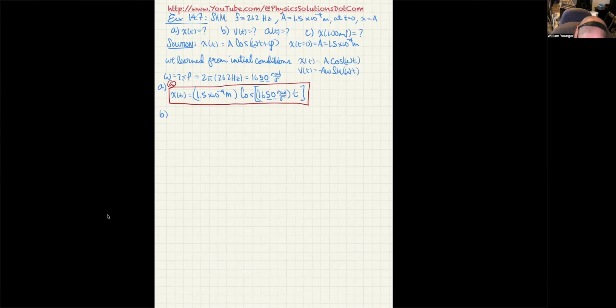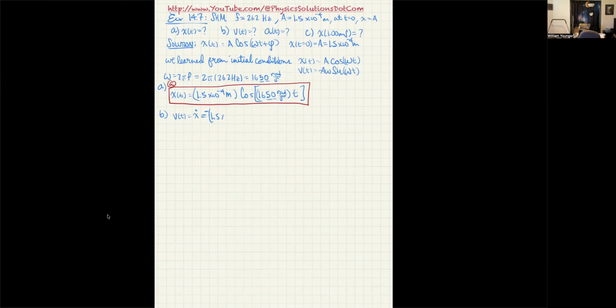Now we're going to figure out what we want for b. Now b, its velocity as a function of time, is x dot, and we can see that that's going to be a negative of this because the derivative of cosine is going to have a negative sign.